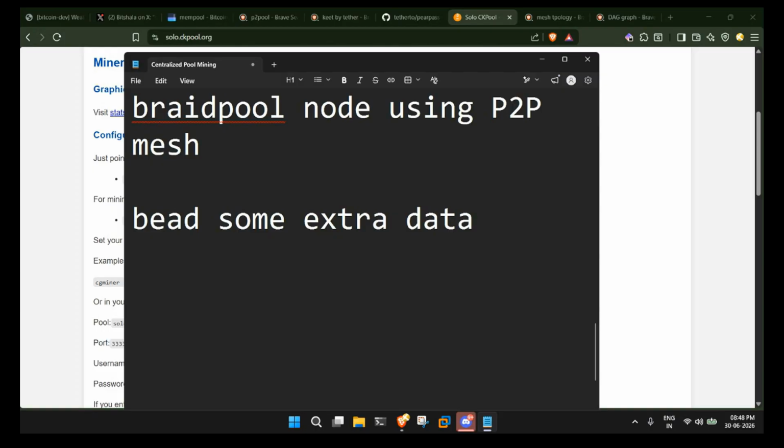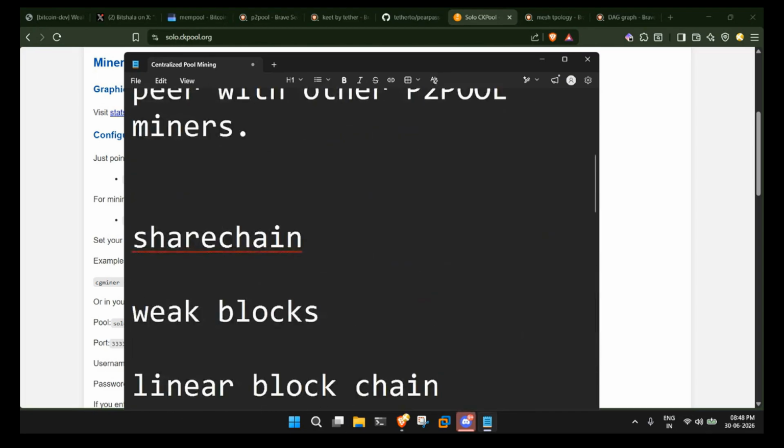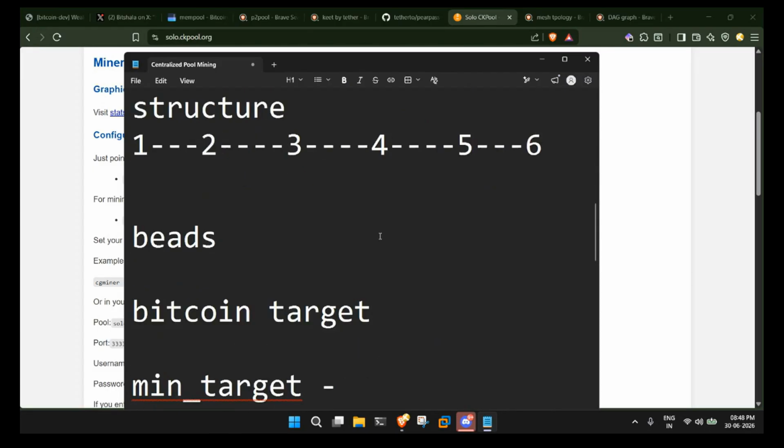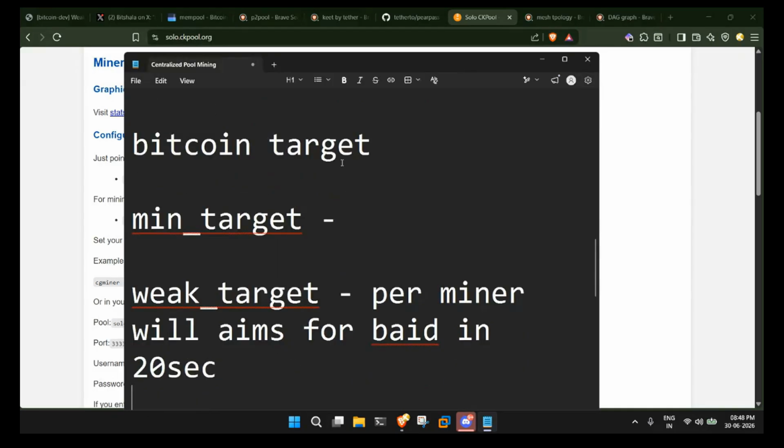It will start trying different nonces, changing the nonce, to find a hash that meets the weak target. It doesn't need to find the Bitcoin target. It just needs to find the weak target which is configured, and the weak target will be a very easy difficulty.